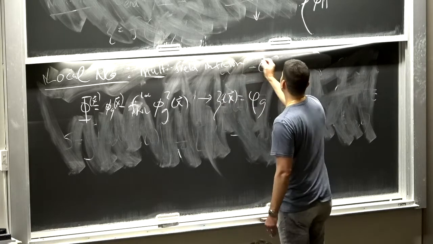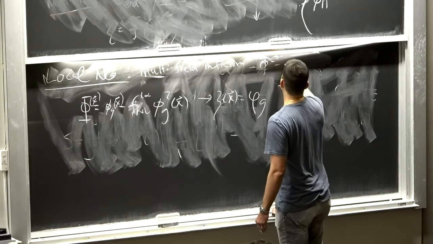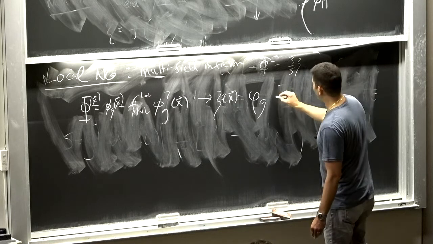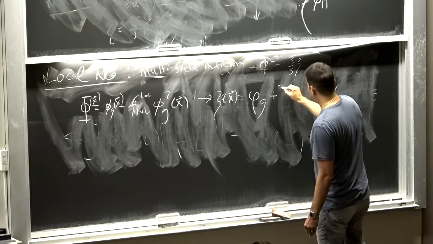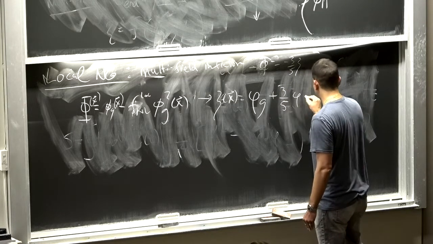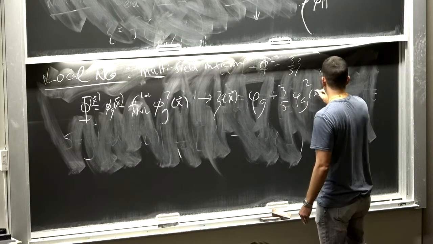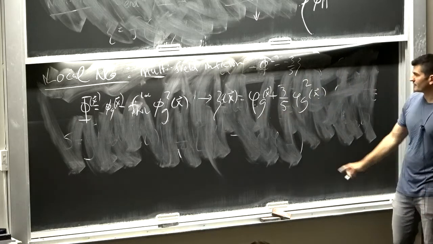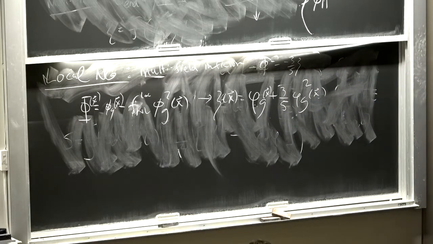So phi is equal to minus 3/5 zeta. So that is why there's a sign and a 3/5 in this expression, where I've just absorbed one of the 3/5 here, and I need to keep the other 3/5 there. But that's the convention.